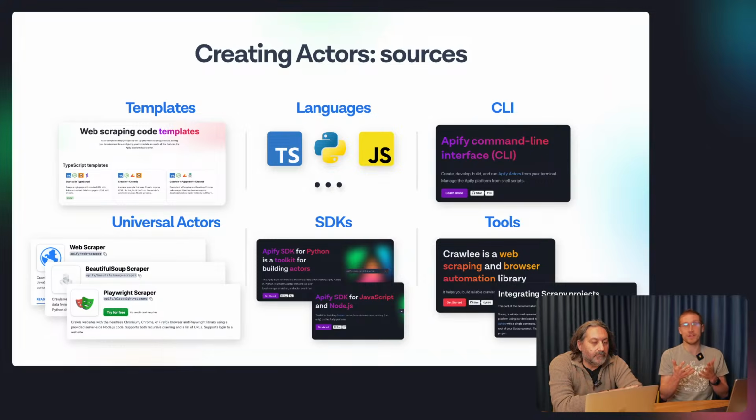Most of the actors and most of the tools around are for these two languages. We do have an SDK for Python and for TypeScript. We also do have a crawling or scraping library called Crawlee, which you can use also outside of Apify, but it really integrates well with Apify.